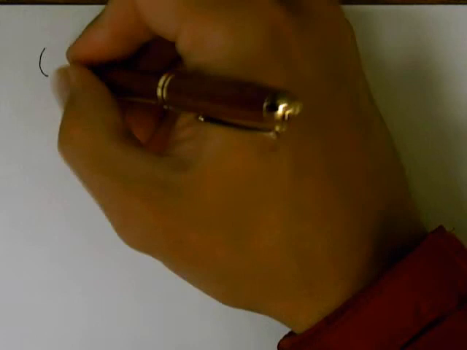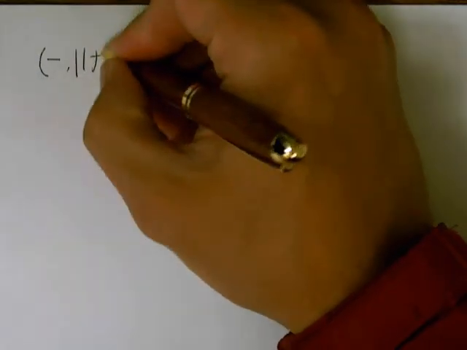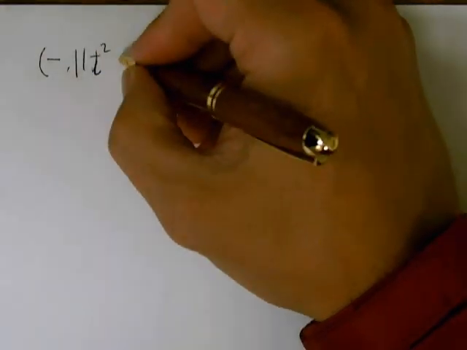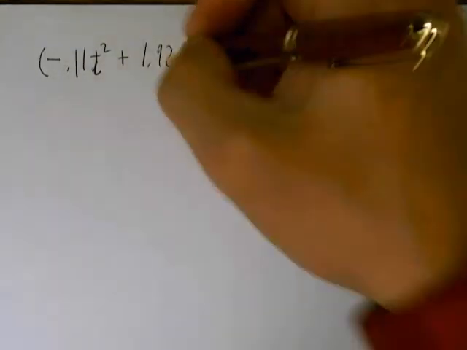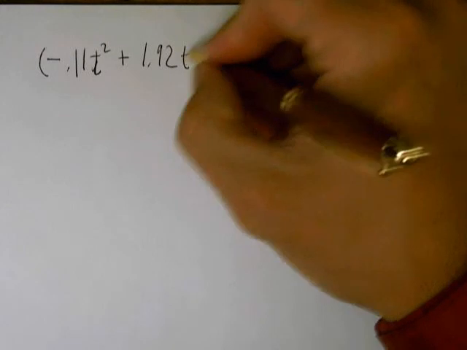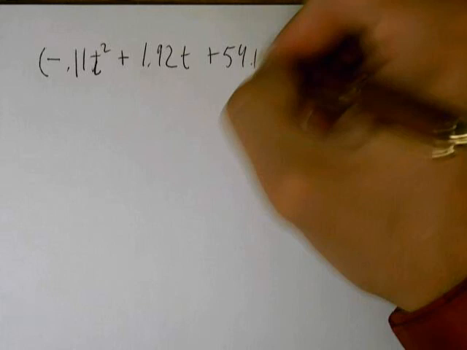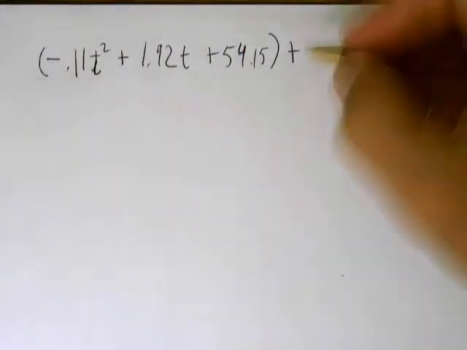The green grapes, make sure I'm on your screen. That looks good. The green grapes are negative 0.11 t squared plus 1.92 t plus 54.15, and we're adding the other equation, right?